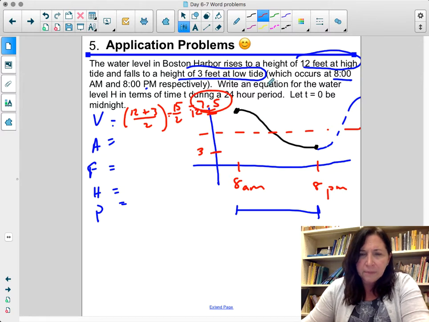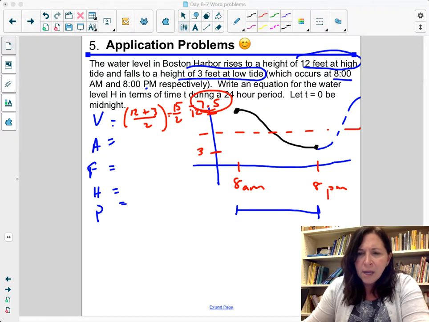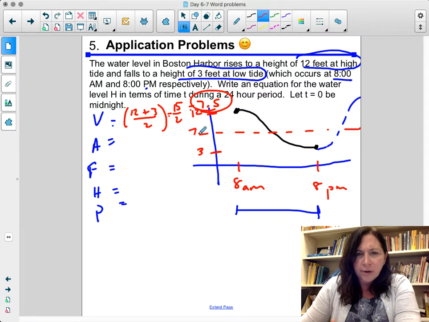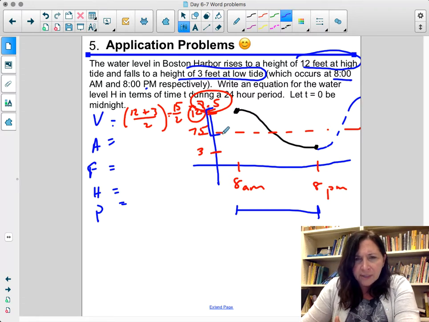So hold that thought. We're going to try to figure out the amplitude. This value right here is 7.5, the average of 12 plus 3 divided by 2. We've got to figure out the distance from 12 to 7.5, because that's your actual height.